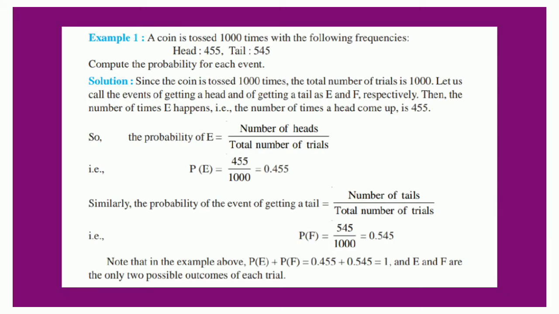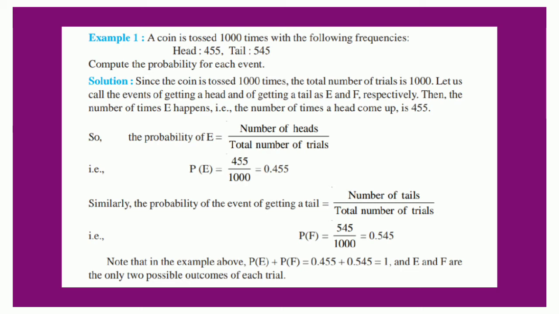Now let us consider some examples. Question number 1. A coin is tossed 1000 times with the following frequencies: head 455, tail 545. Compute the probability for each event. The question says the coin is tossed 1000 times.